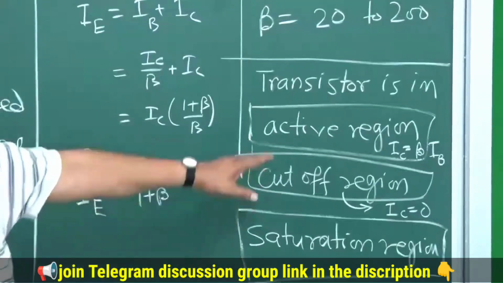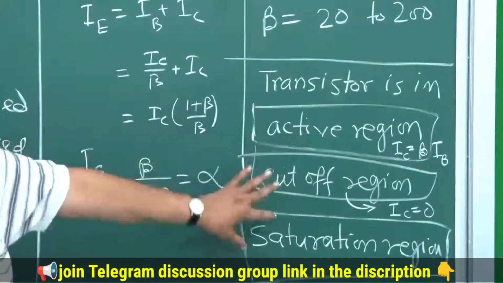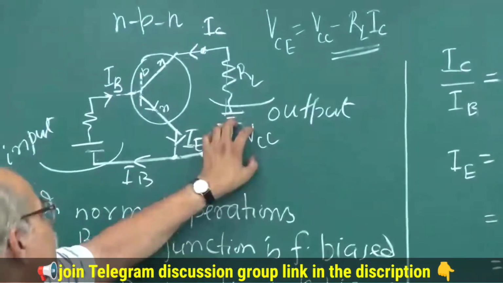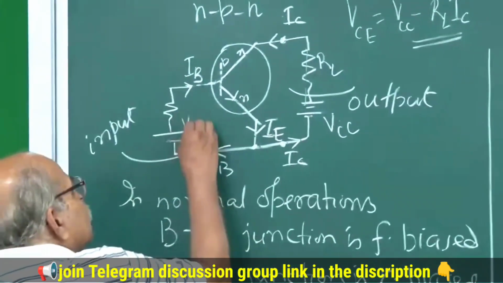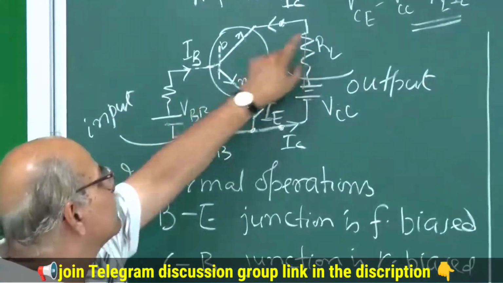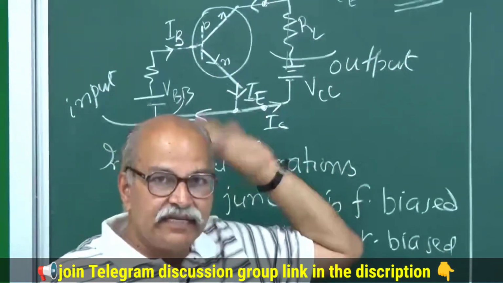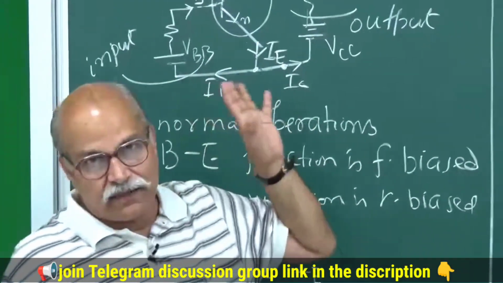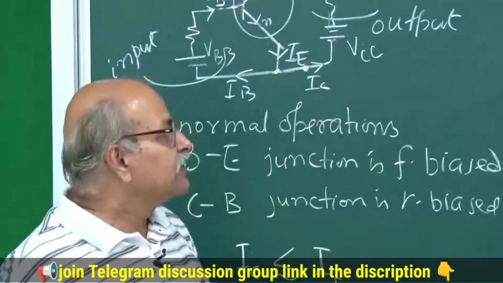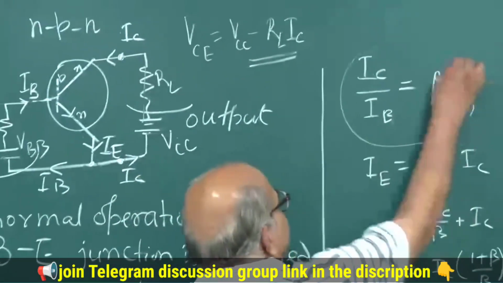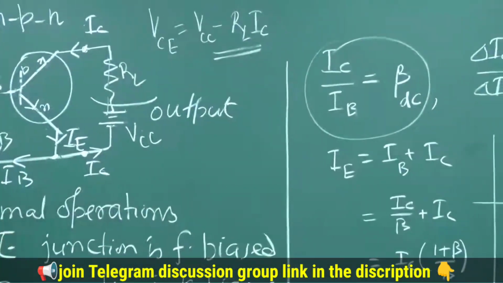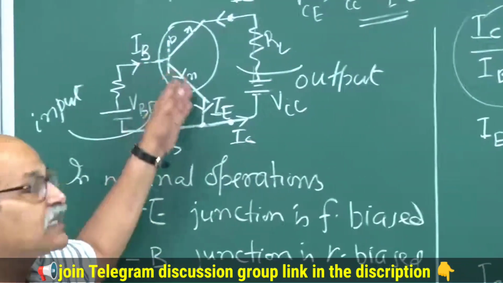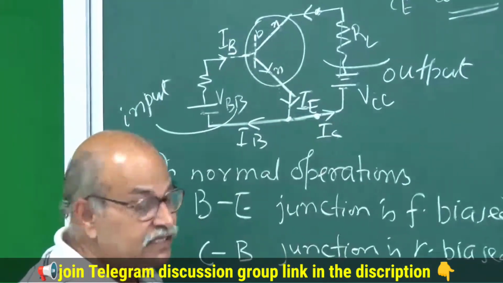So, there are three important regions, in the sense of what kind of currents and voltages are here, what is VCC, what is VBB, what resistance is here, what resistance there. These things will decide whether we are in the active zone, where both junctions are okay and this relation holds. Then we have the cutoff region, where the forward biasing of the base emitter is itself weak, and therefore nothing is happening, that is cutoff.